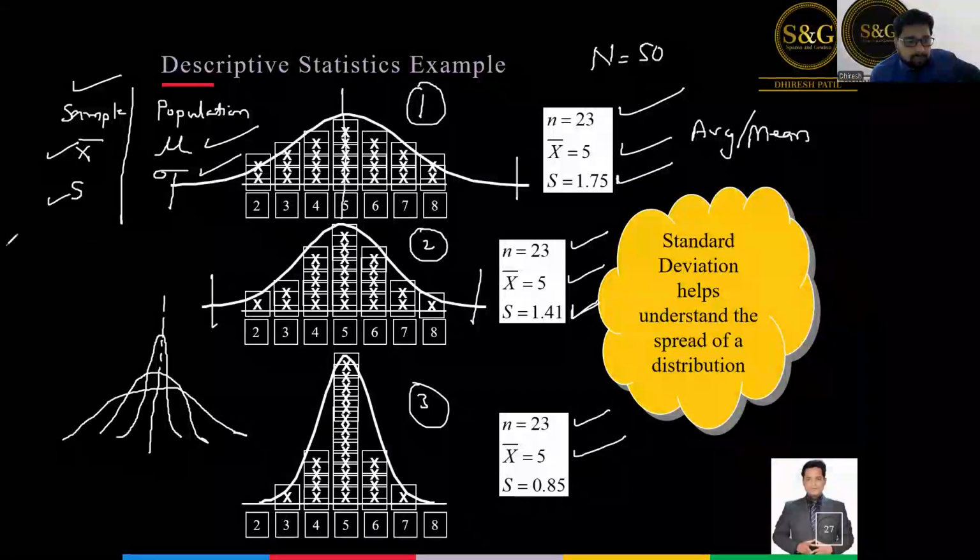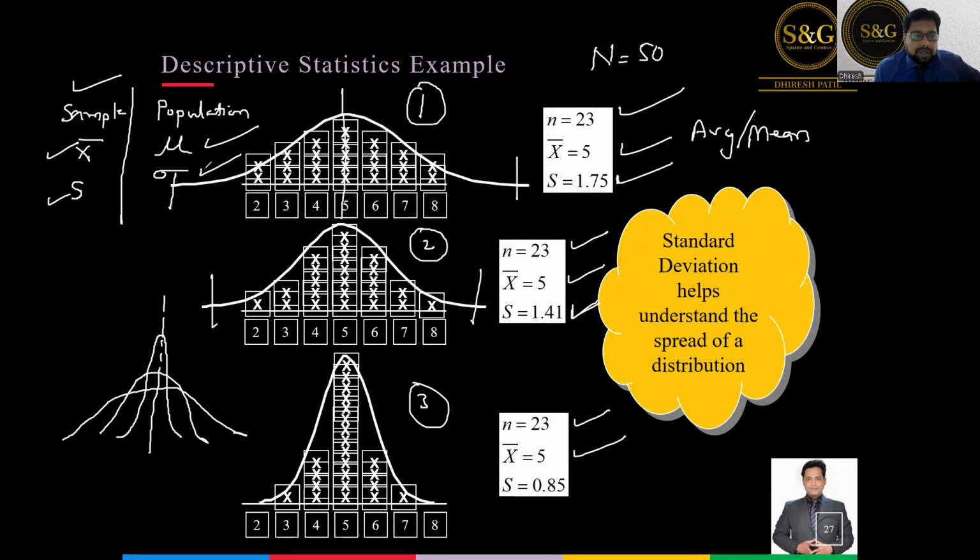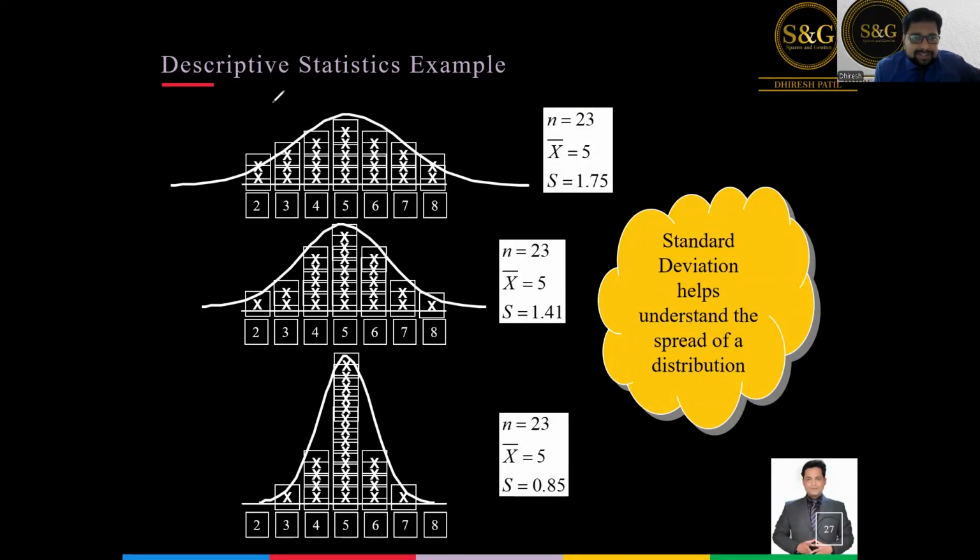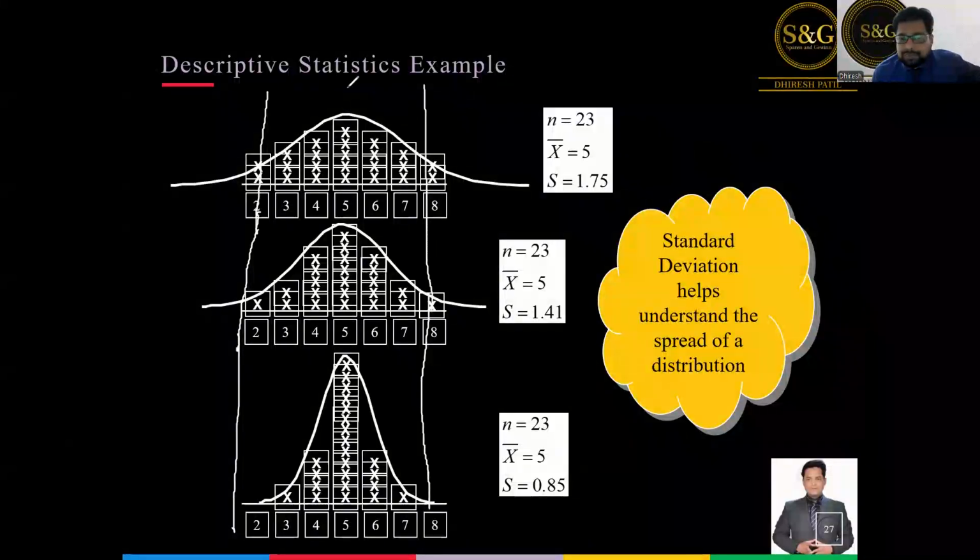Now imagine this scenario. Let's say this is a specification limit. If I draw a specification limit like this, imagine this is a specification limit. What is a specification limit? The requirement of the customer. LSL and USL.